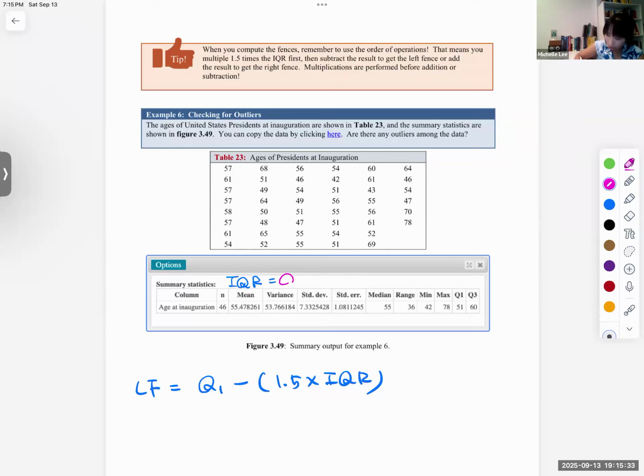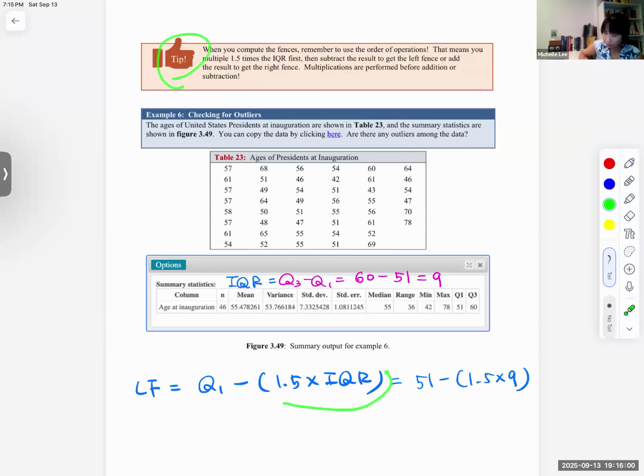So Q3 minus Q1, so 60 minus 51. Yeah. All right. So Q1 we have 51 minus 1.5 times IQR, which is 9. Yeah. All right. So here we have to put the parentheses, right? Okay.